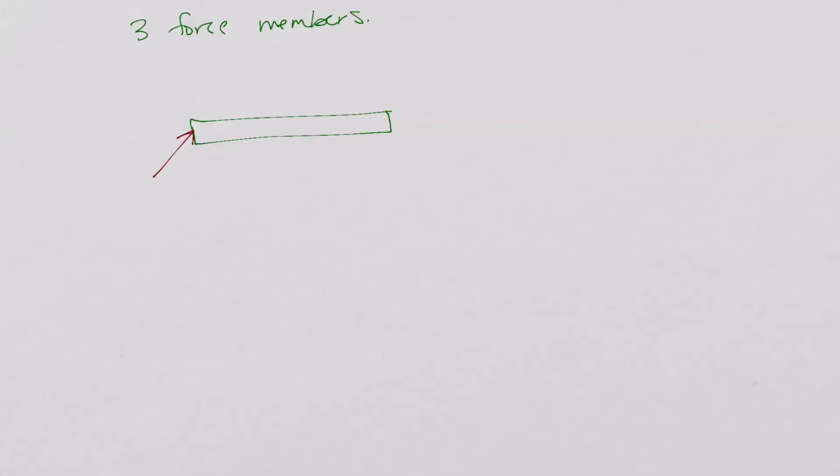What we know, because of the sum of the moments equal to 0, is if we take the line of each of these forces, so the line along F1, the line along F3, and we know there's a third force on it, then they're all going to meet at this point 0.